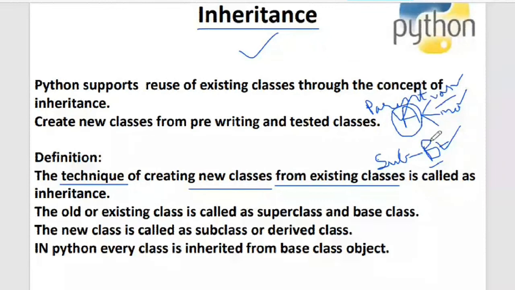When I say A is parent and B is child, it means there is a relationship between these two classes. Now remember that in the general analogy, you can acquire the properties that your father has earned.